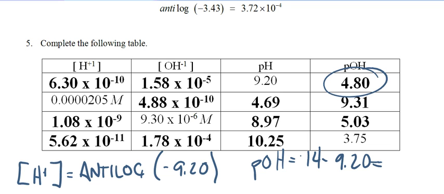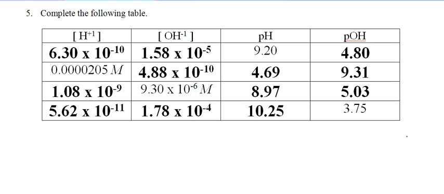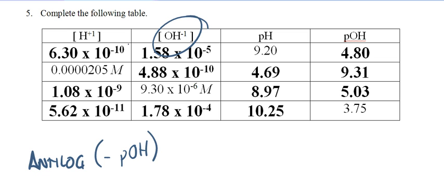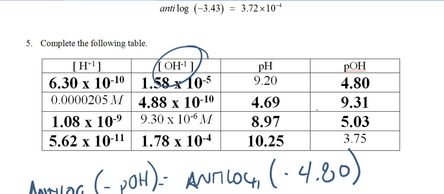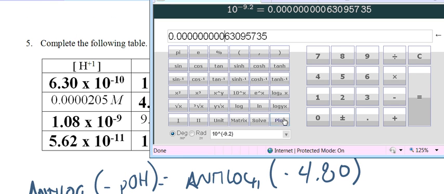Now, getting the hydroxide concentration, there's a couple ways of doing that. Probably one of the easier ways is by taking the antilog. If you know the pOH, take the antilog of the negative pOH value. Since we're looking for hydroxide here, you don't have to write out the OH, you can go right for the negative 4.80. Let's type that in.